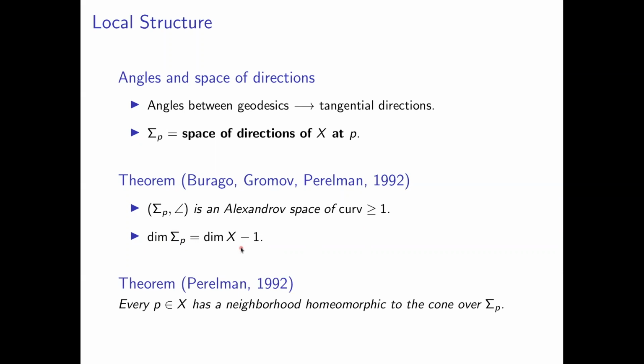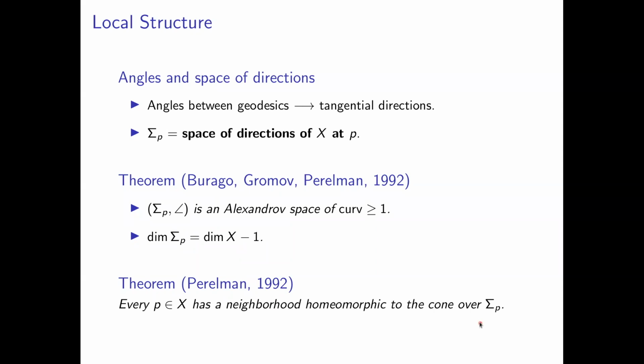Now, a very deep theorem of Perelman says that every point in an Alexandrov space has a neighborhood that is pointed homeomorphic to the cone over the space of directions. The corresponding statement for Riemannian manifolds, which you learned in a Riemannian geometry course, is that on a small neighborhood of a point, the exponential map is a diffeomorphism.